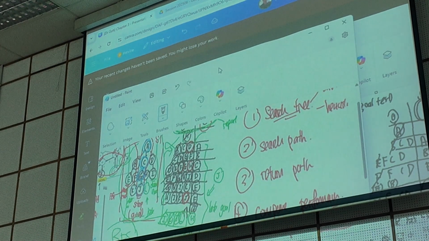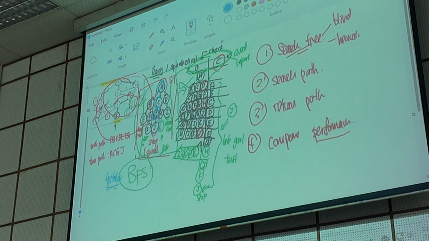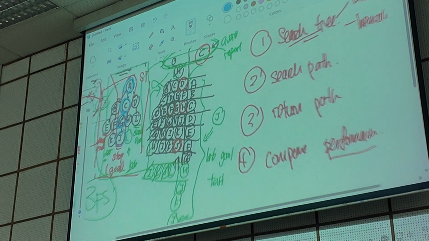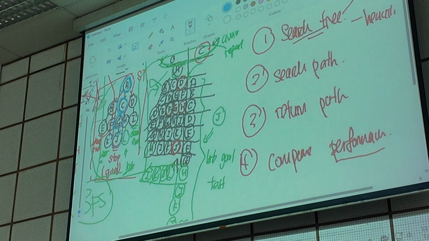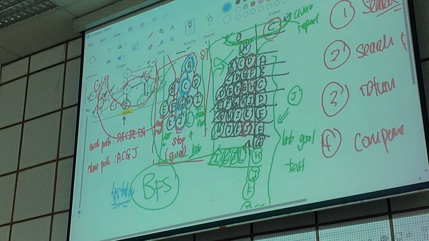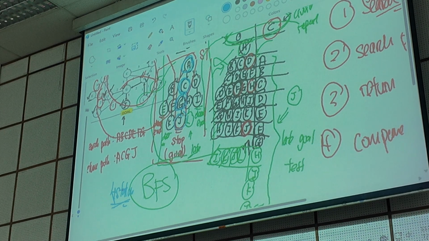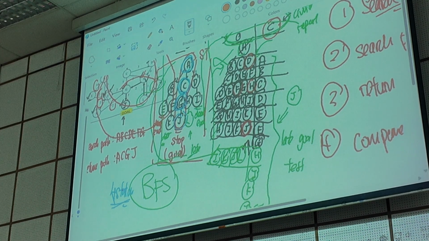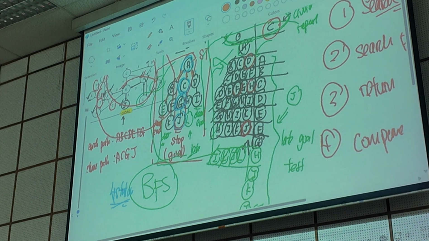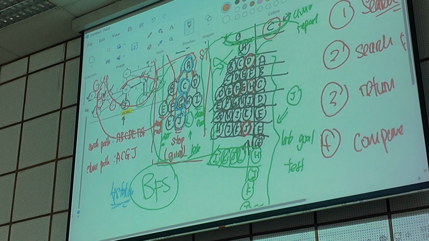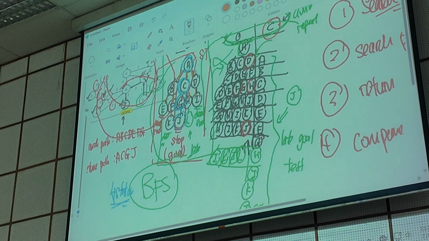How about breadth-first? Breadth-first expands 1 time, 2, 3, 4, 5, 6, 7, 8, 9, 10. It expands 10 times.